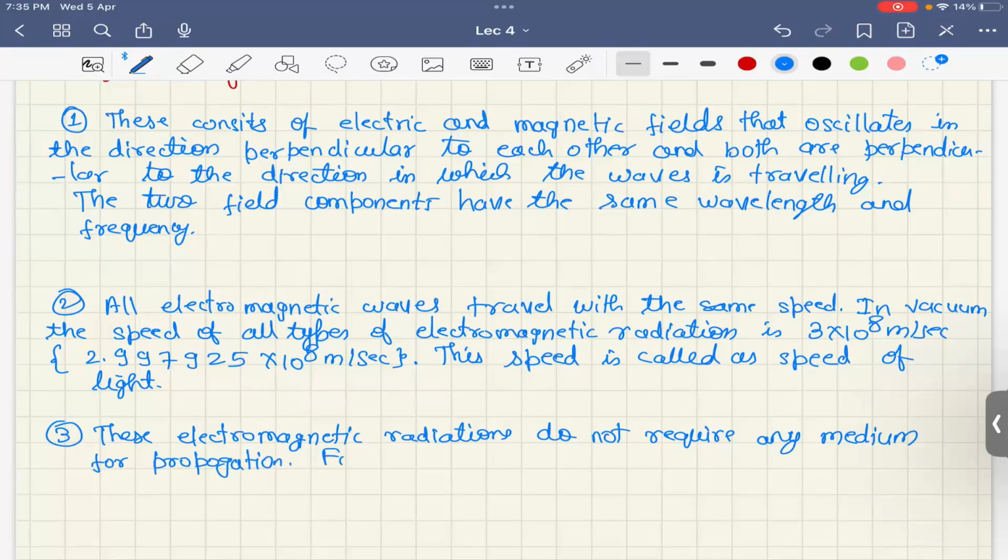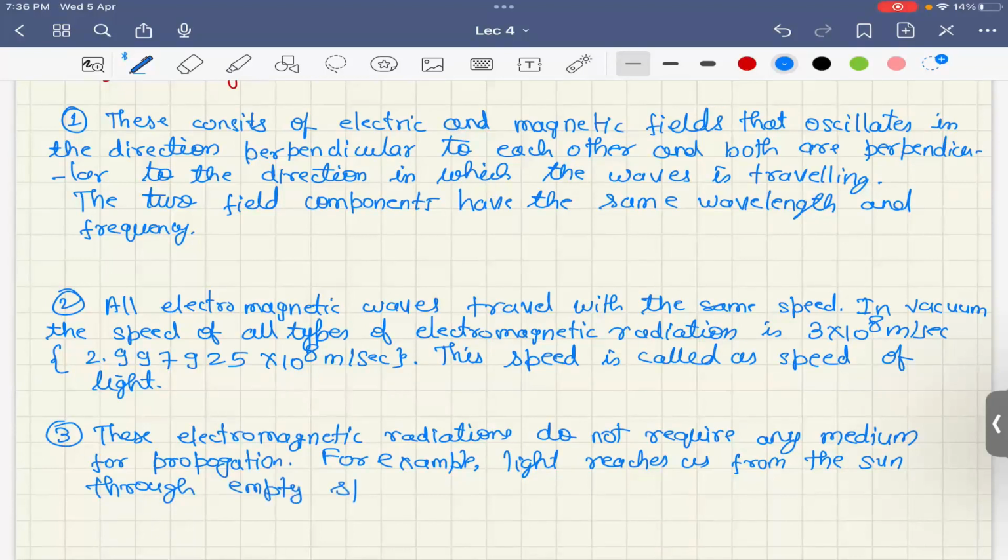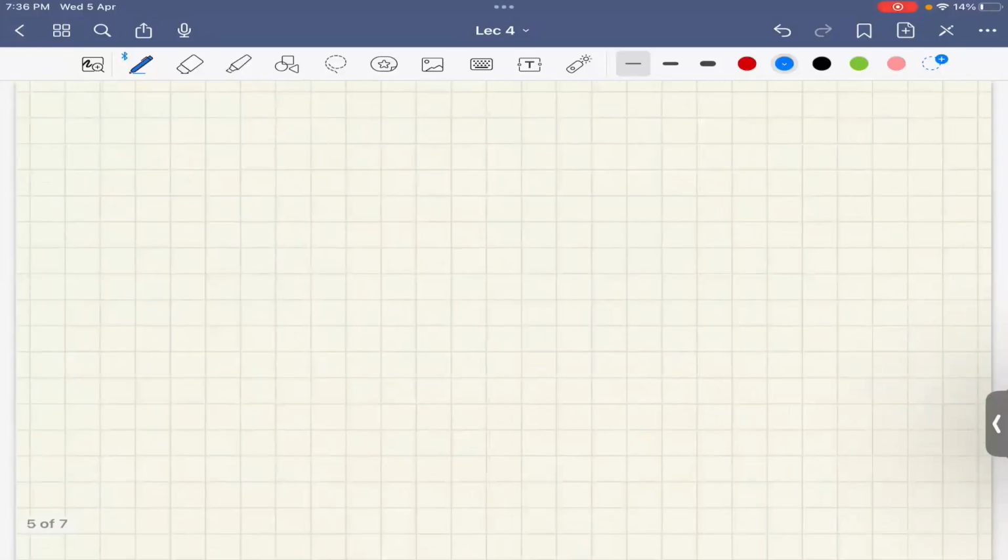For example, light reaches us from the sun through empty space.